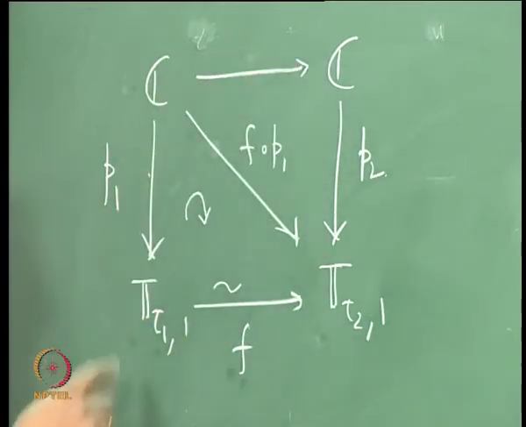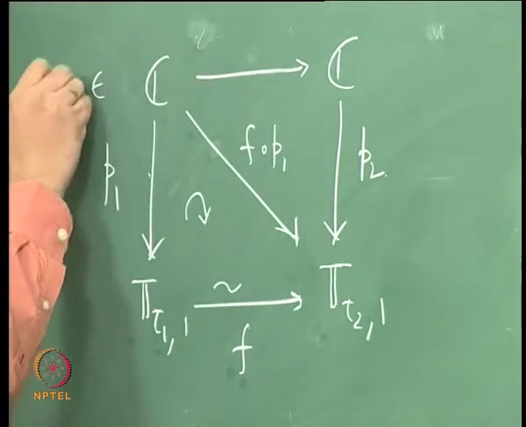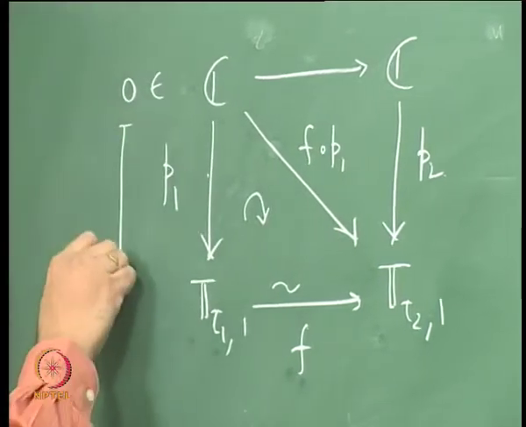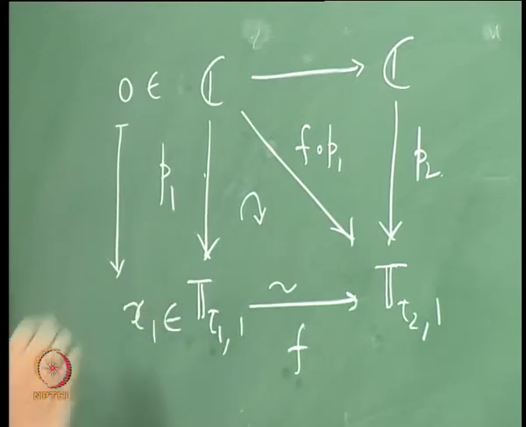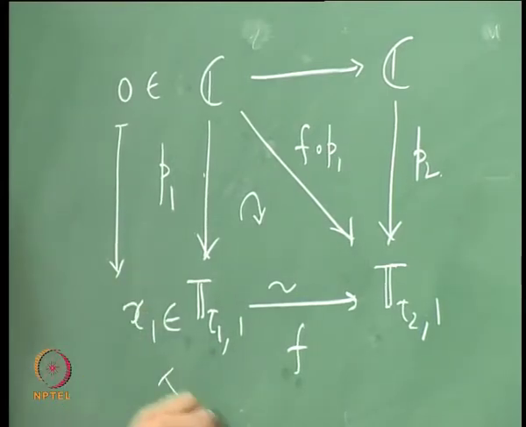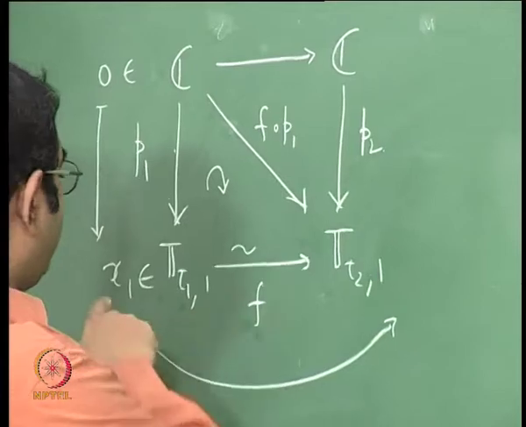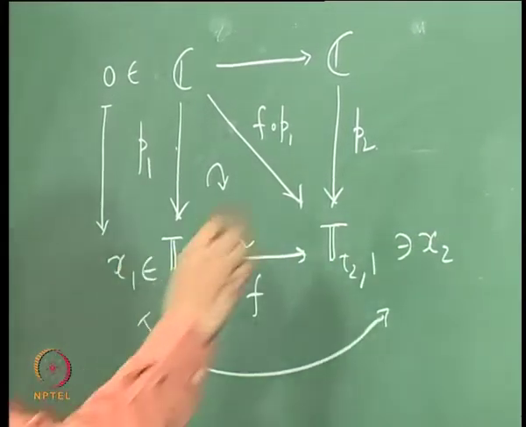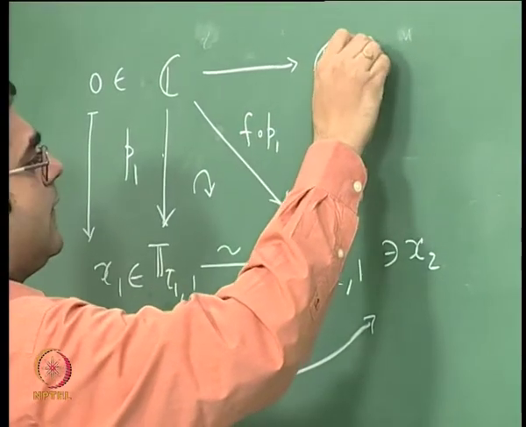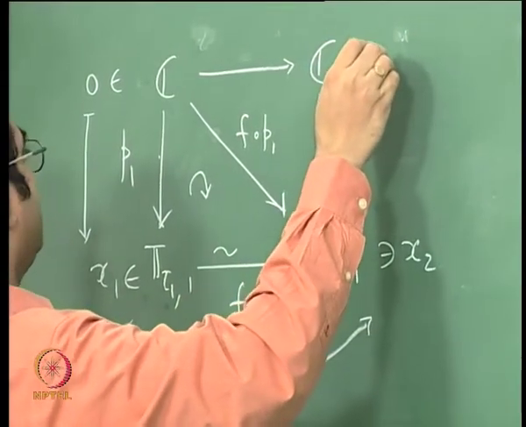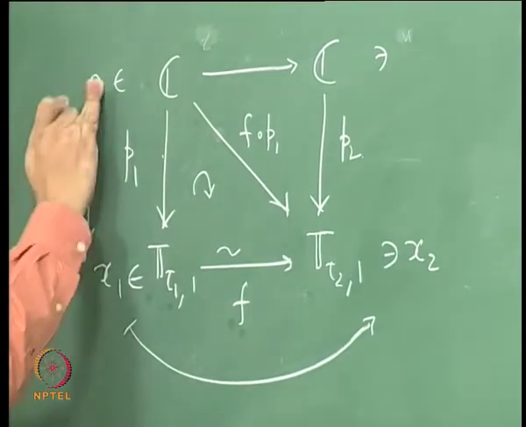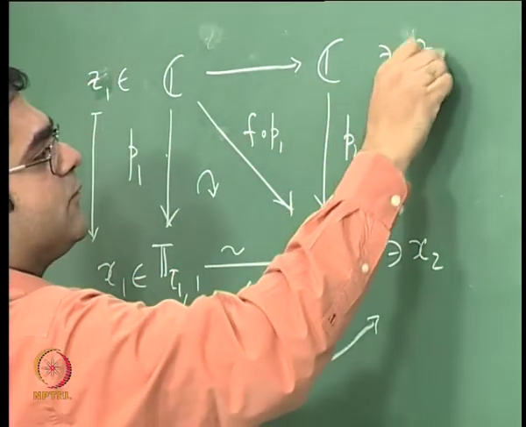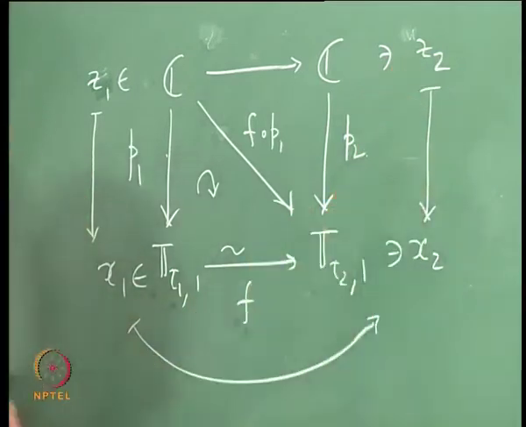For that I will have to do some work. Let me choose 0 here, and let's assume that 0 goes to a point x1 here. Let me assume that F takes x1 to x2. Let me fix a point, let me call this z1, and let me call this z2, fix a point z2 which goes to x2.